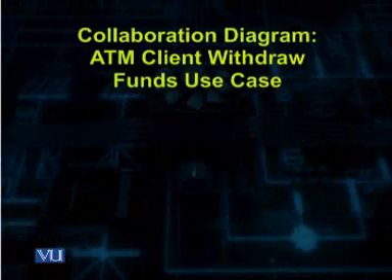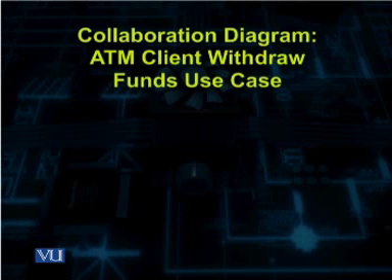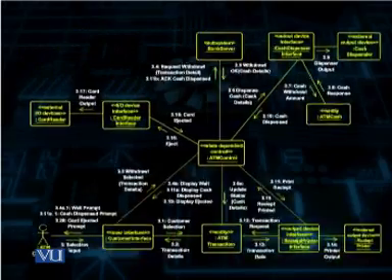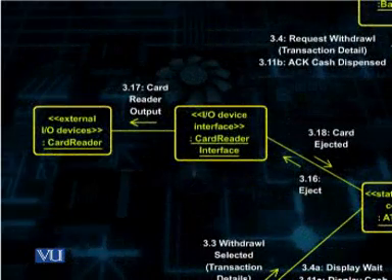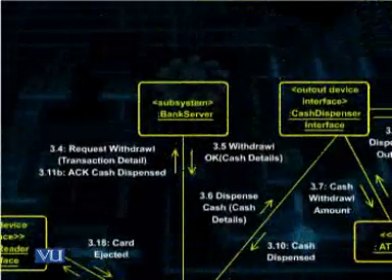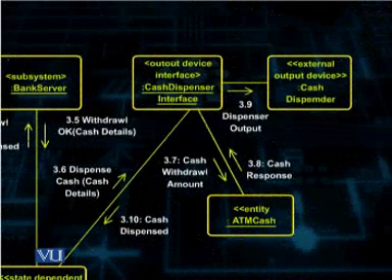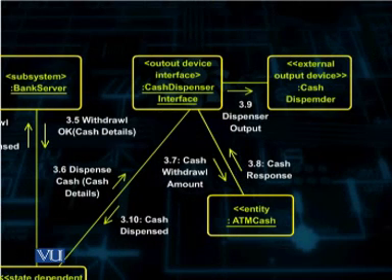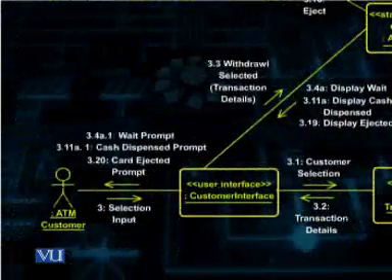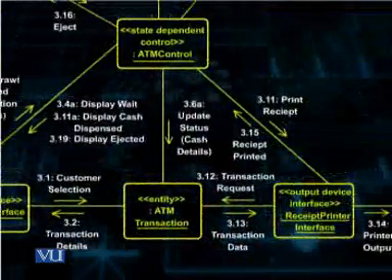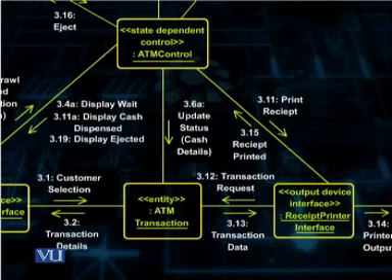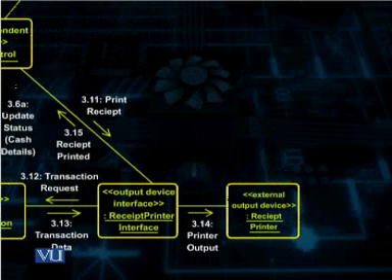And so you can see the collaboration diagram for the ATM client withdraw funds use case. In this use case, you have the card reader interface, the ATM control, the bank server, the cash dispenser interface, the actual cash dispenser object, the ATM cash object, and then the customer interface object, the ATM transaction object, the receipt printer interface, and the actual receipt printer.